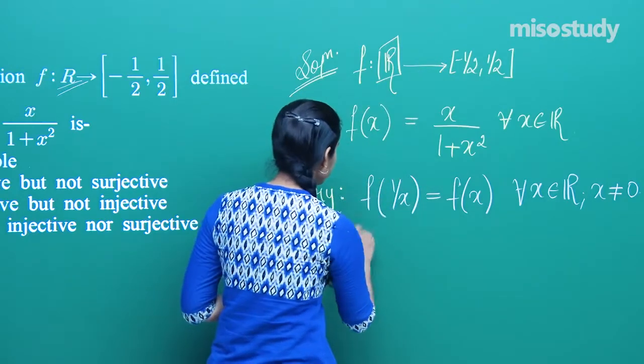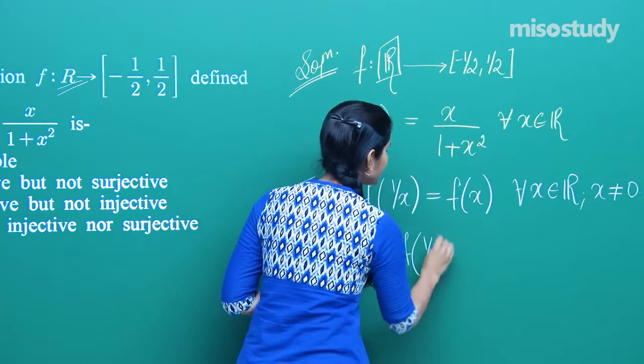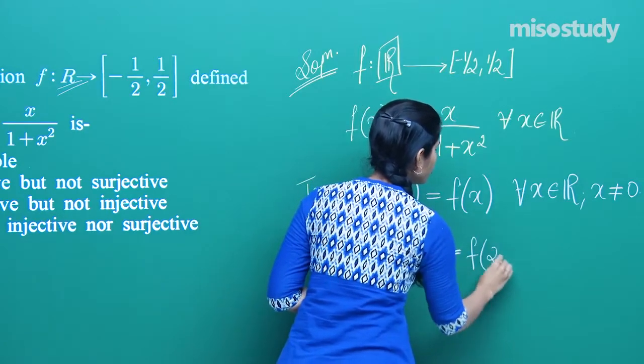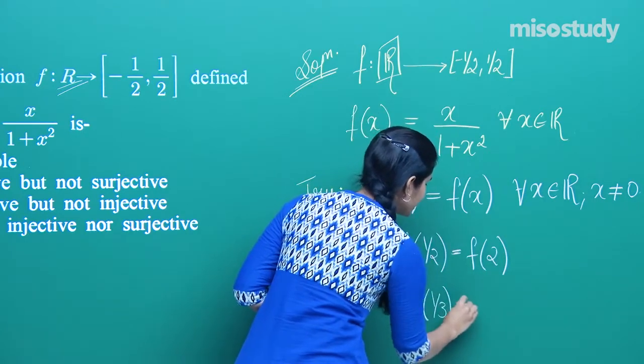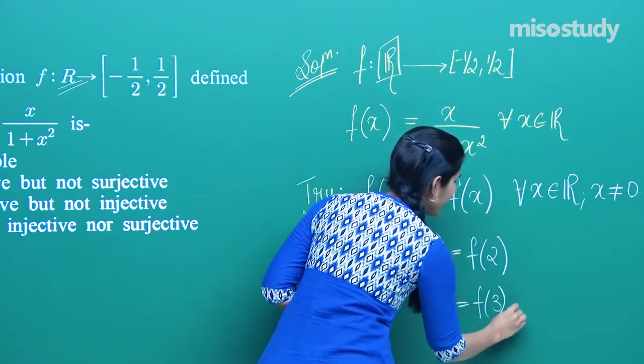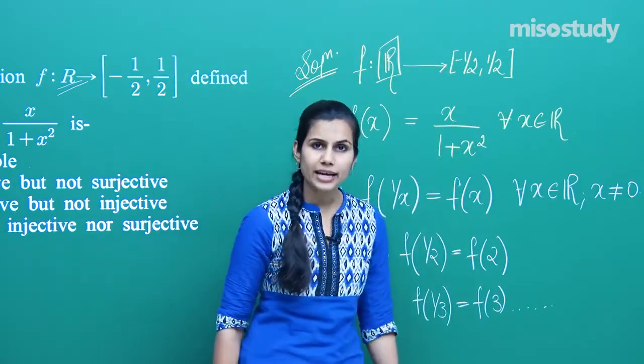This would mean that f of 1 by 2 is equal to f of 2. f of 1 by 3 is equal to f of 3. And so many such expressions we are going to get.